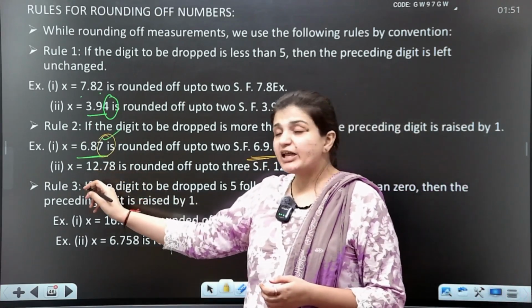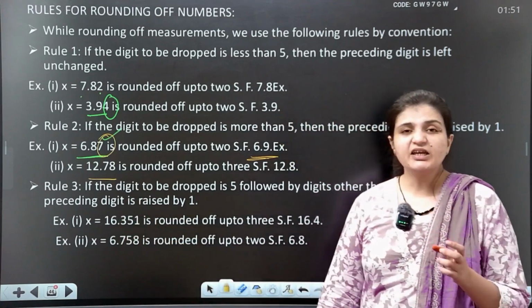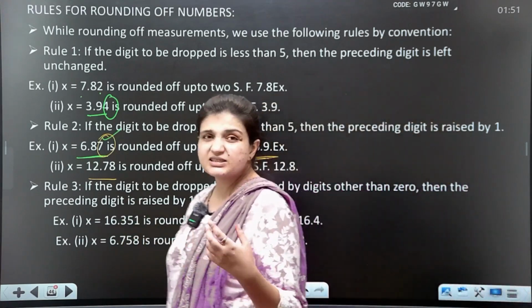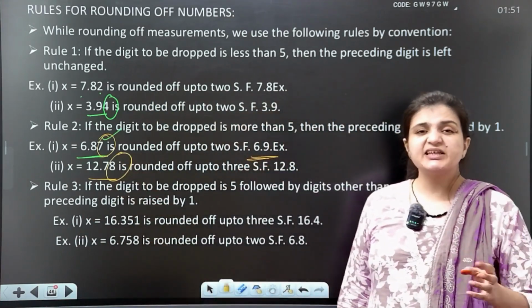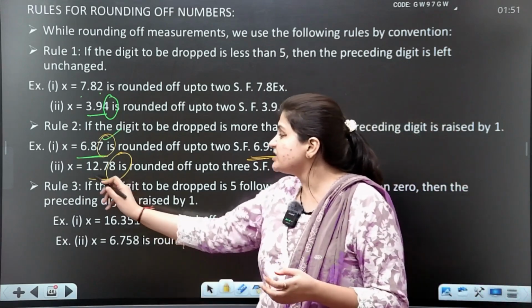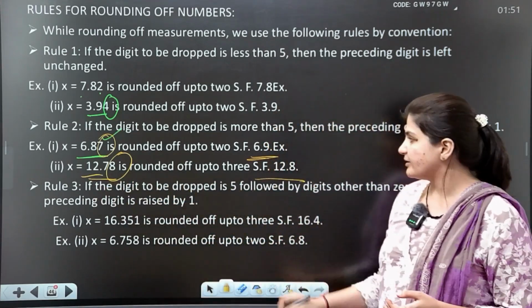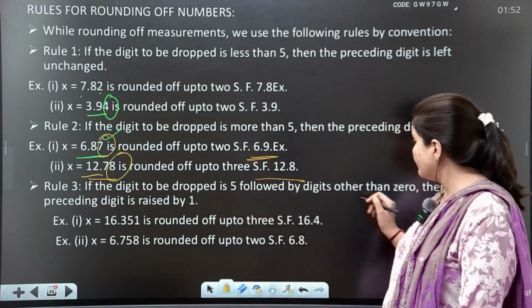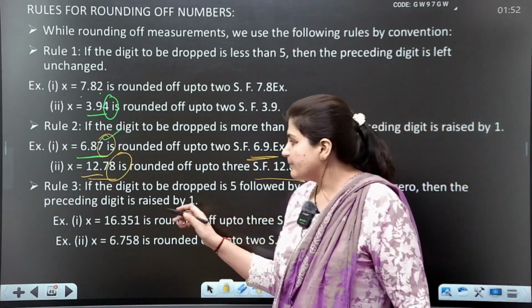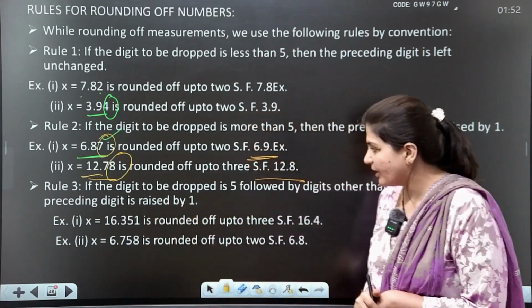Then we have 12.78. Here this 8 is greater than 5, so this can be written as 12.8. So if the digit to be dropped is 5 followed by a digit other than 0, then the preceding digit is raised by 1.